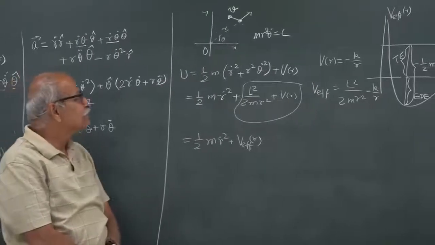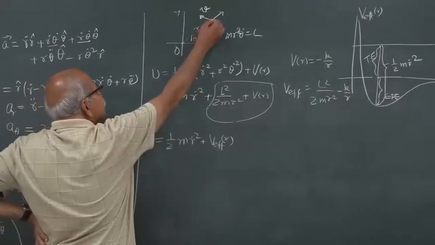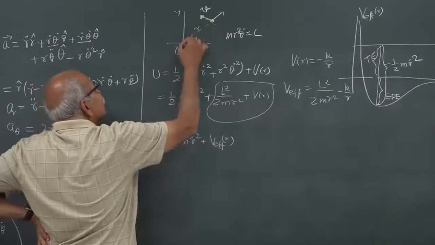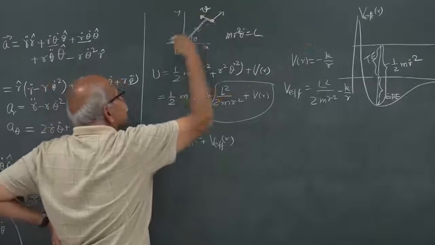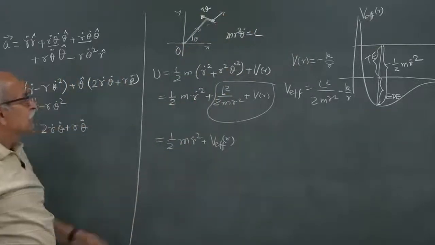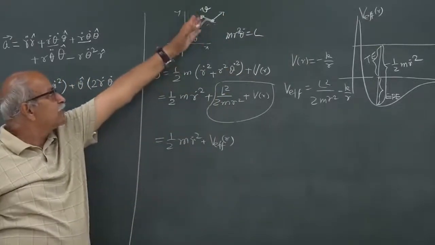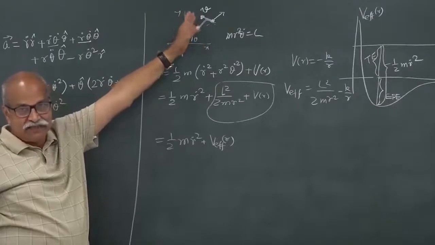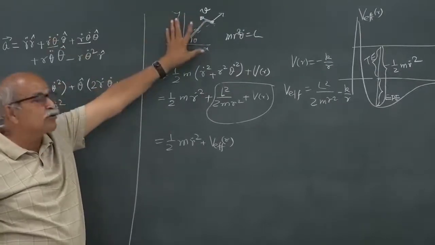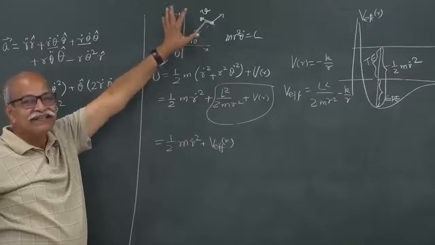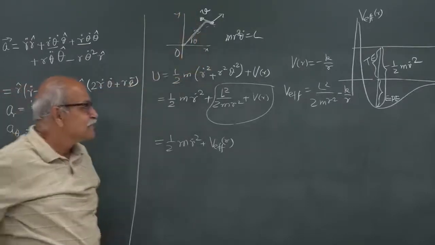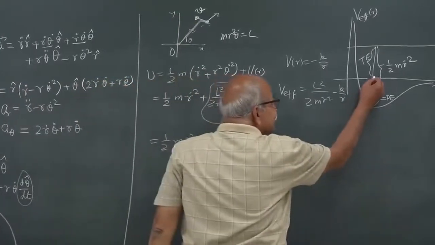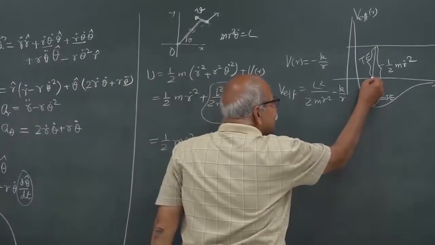Now, what is happening? If this is the diagram, if the particle is going in this direction, the value of r is decreasing. If it is going on that side, the value of r will be increasing. So, for this very nicely drawn diagram, it does represent the correct direction of velocity. r is decreasing, that means this point here as time passes will shift here.